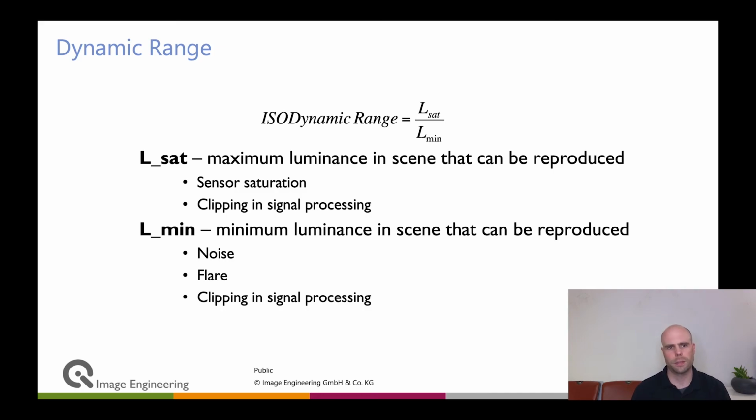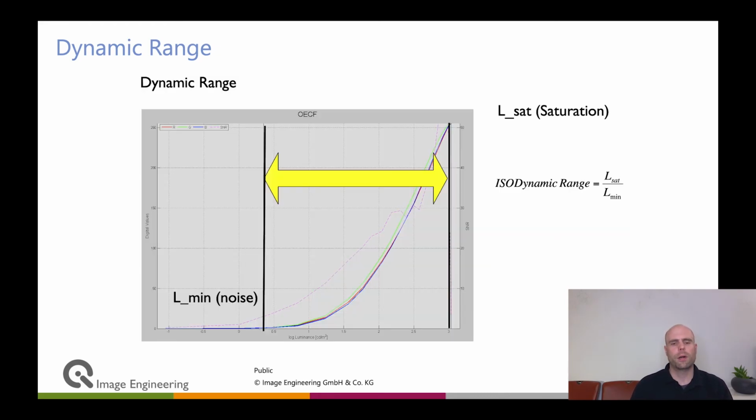For example, in many applications you have black level compensation, where from the sensor signal I cut off the lower signal because I say that is only noise anyway. That can also reduce your dynamic range, same as flare and these aspects. So you see in this graphic, to the right you have the saturation, to the left you have the noise, you reach a certain threshold, and everything in between is your dynamic range, according to the ISO standard.